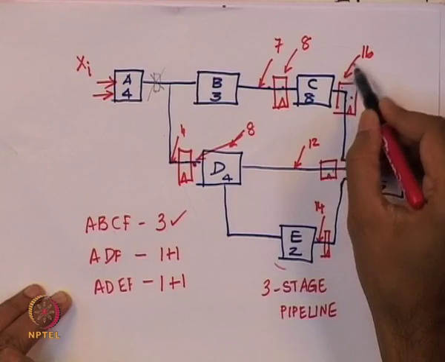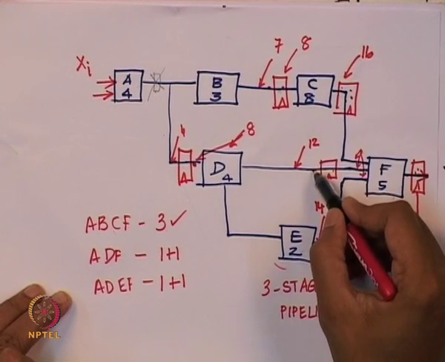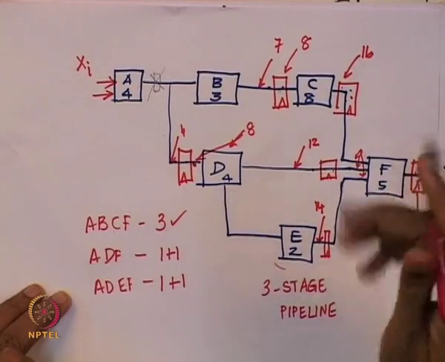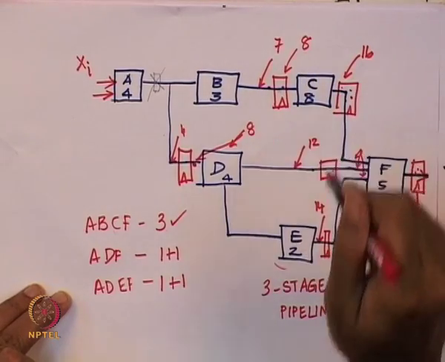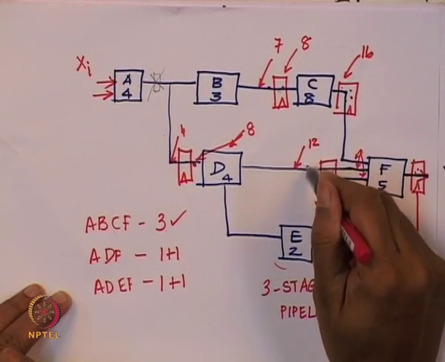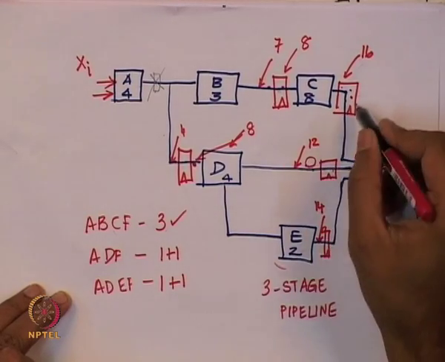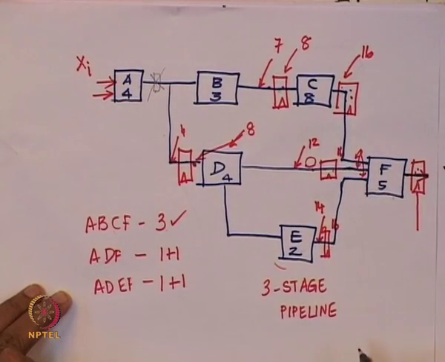The input to this flip flop will only get ready at 16, this will be ready at 12 and this will be ready at 14, but I am bringing in a periodic signal. So, the next clock pulse will come at 8 plus 8, which is 16. So, there are 4 time units of waiting here and 2 time units of waiting here, and at 16 the outputs of all the flip flops are stable.